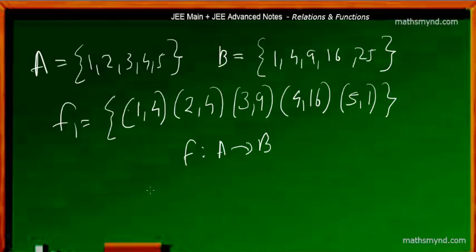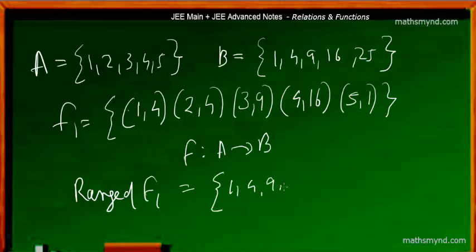In this particular case, if the range of f1 is taken, then we'll naturally have the elements 1, 4, 9, and 16. 25 is left out, but actually set B contains 25.